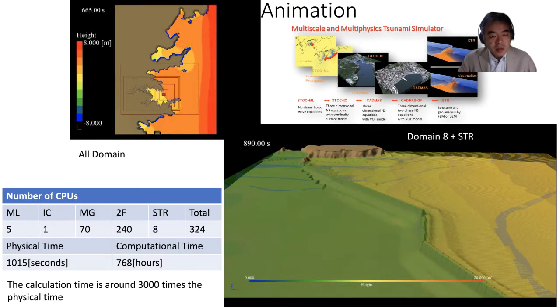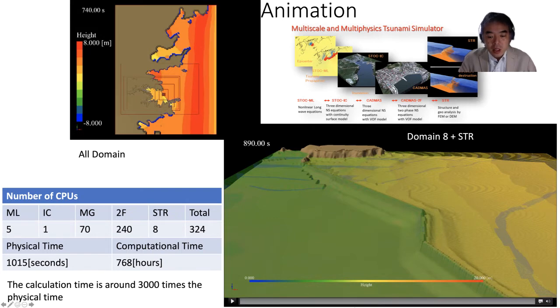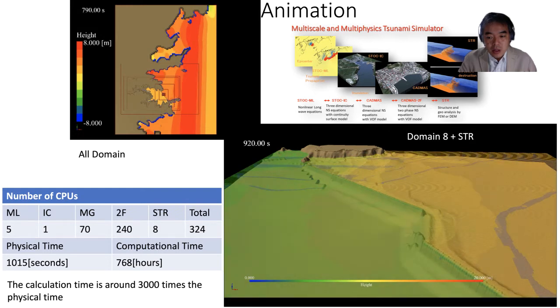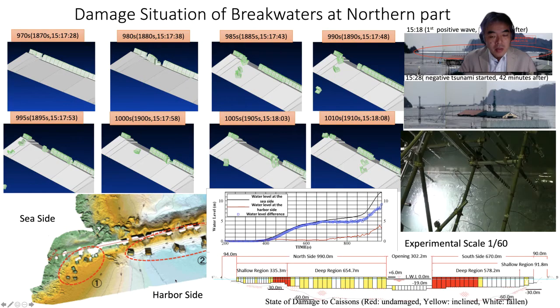We reproduced this by using these calculators, from the epicenter to the area of the breakwaters, and you can see the breakwaters were washed away by the tsunami. We checked this against video analysis, and we verified the validity of the model using this damage case.